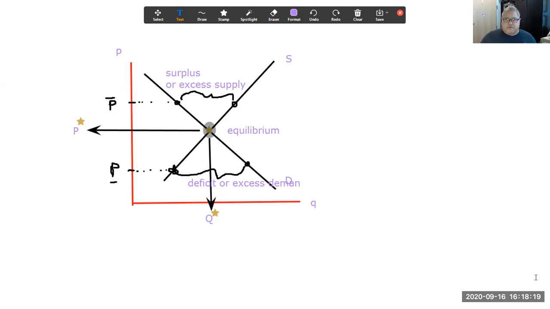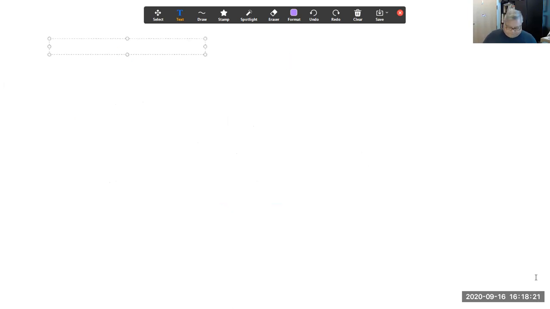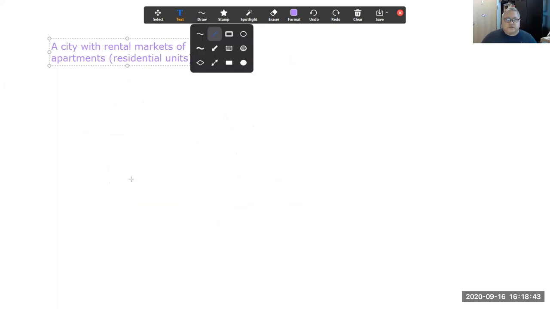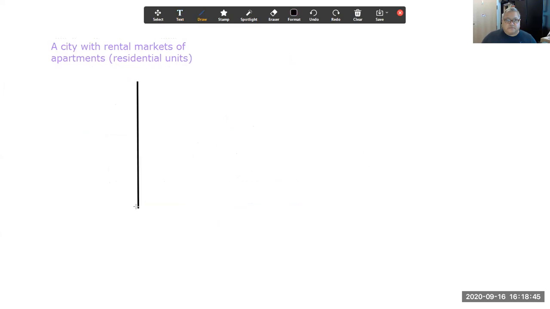Let's look at an example where you have a city with rental markets of apartments. So these are residential units. And you have a market where there's a certain supply for apartments and a certain demand for apartments.